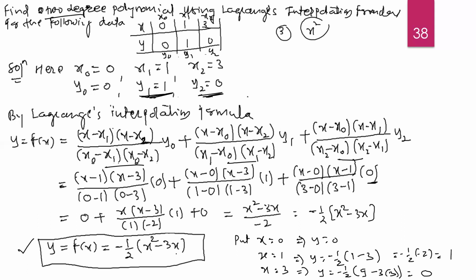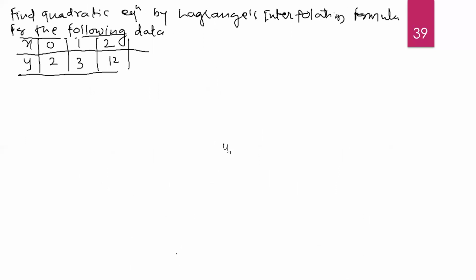Now let us take the second example of the same kind, a 2-degree polynomial. Find the quadratic equation, quadratic meaning 2-degree polynomial, by Lagrange's interpolation for the data. There are 3 points given.